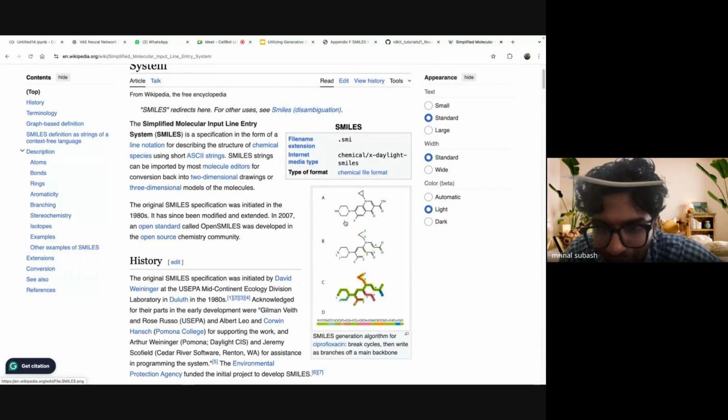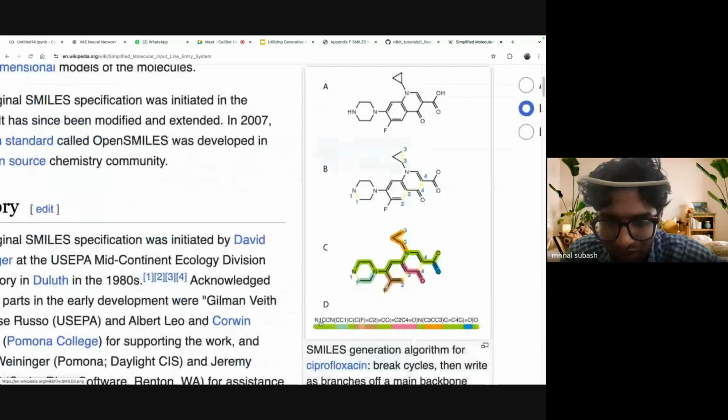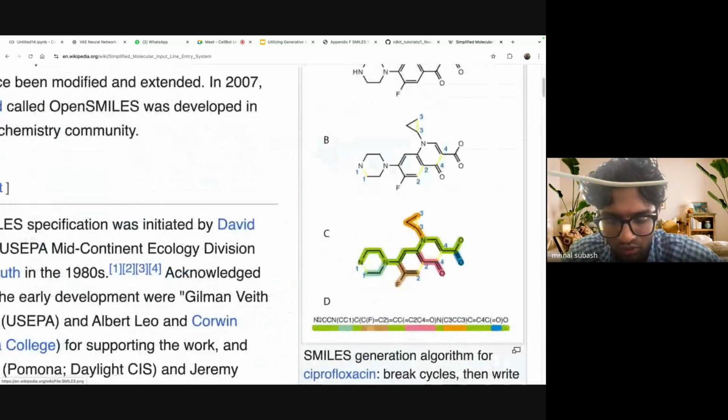In SMILES architectures, hydrogen is implicit. Nitrogen has three covalent bonds, so N3, it is known that hydrogen is already attached to nitrogen.